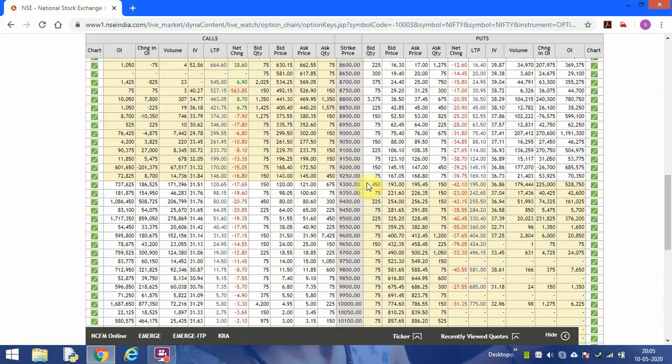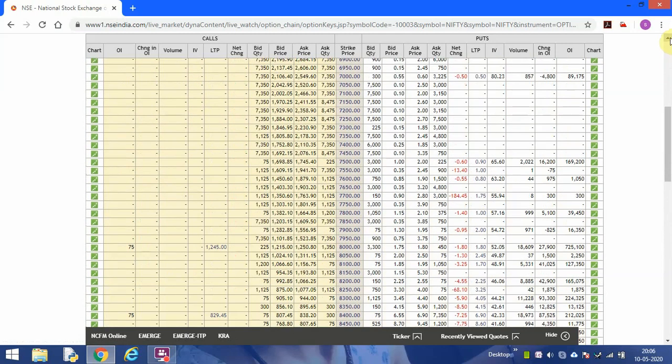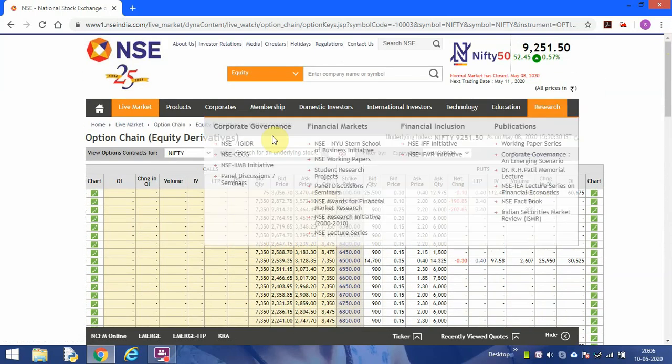Ideally it should come to this level. If it sustains, then if it breaks that, it will come to 9,400, then 9,500 if it goes down. So this is the way you can correlate Nifty support and resistance levels.